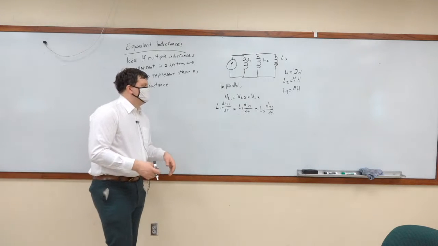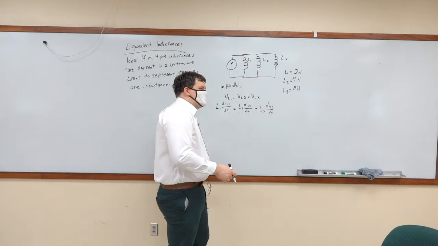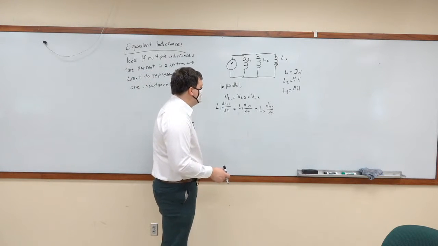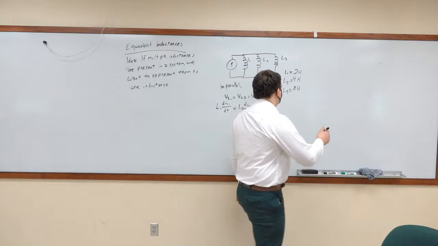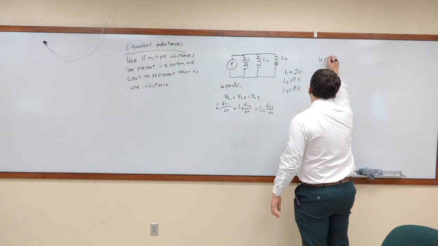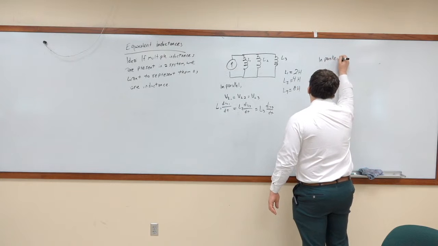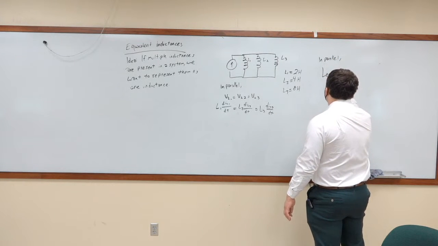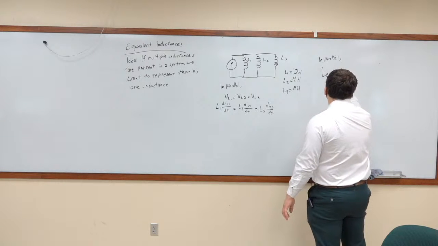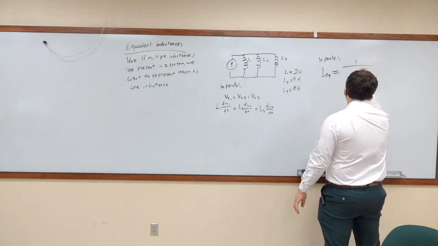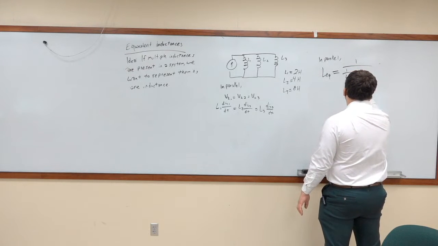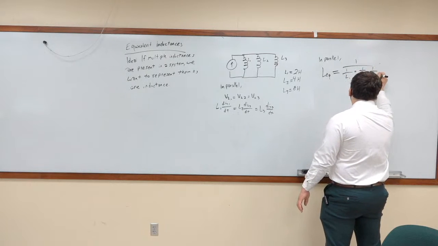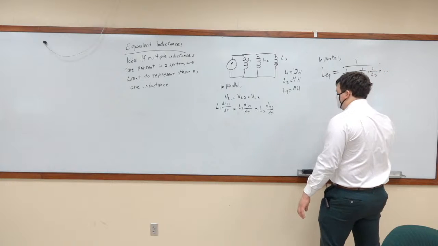So the way that this ends up behaving is, in parallel, the equivalent inductance, LEQ, is equal to 1 over L1 plus 1 over L2 plus 1 over L3 plus dot dot dot.